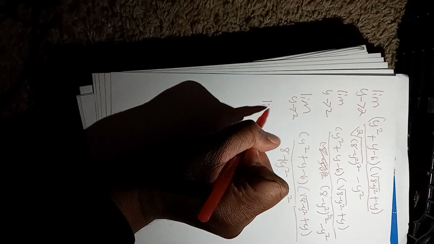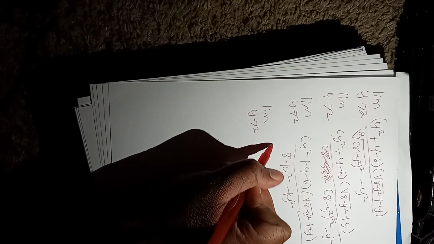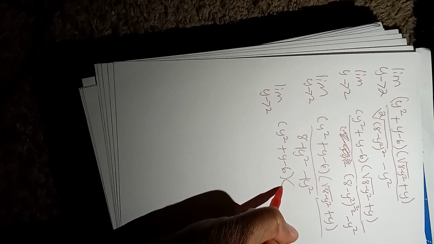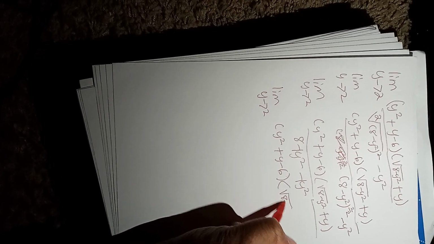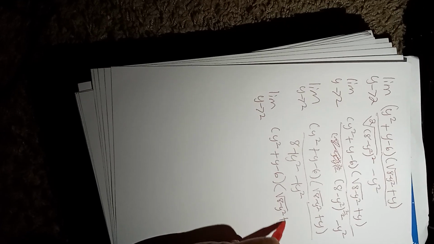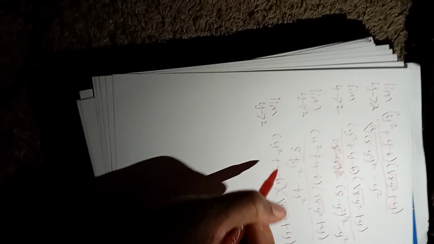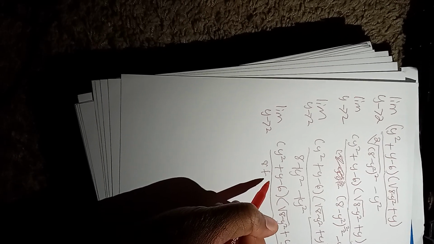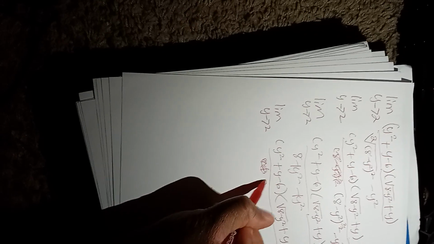So the limit of y goes to 2 of y squared plus y minus 6 times the square root of 8 minus y squared plus y divided by 8 minus 2y squared.